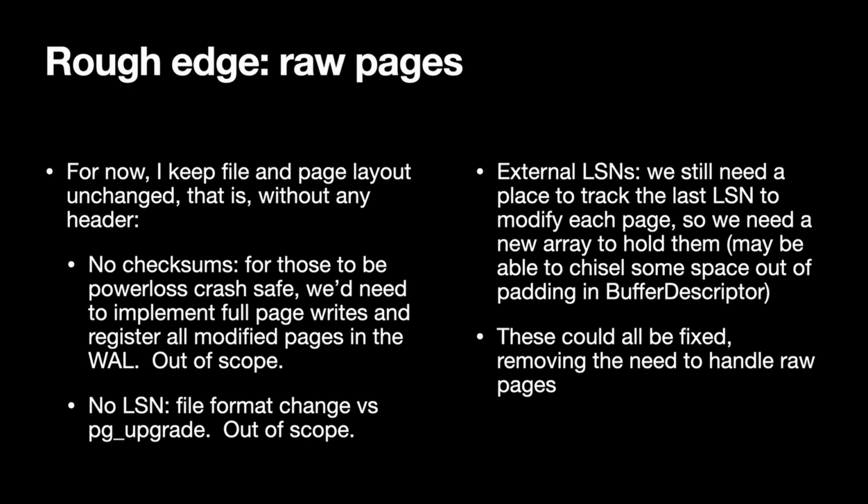So basically you need some way to say, this is a raw page. And at the moment, that's a macro that checks for the special database OID, which is a bit of a rough edge. In the long term, I would like to see that data made normal with checksums and LSNs, so that normal tools and normal code doesn't need any special handling.